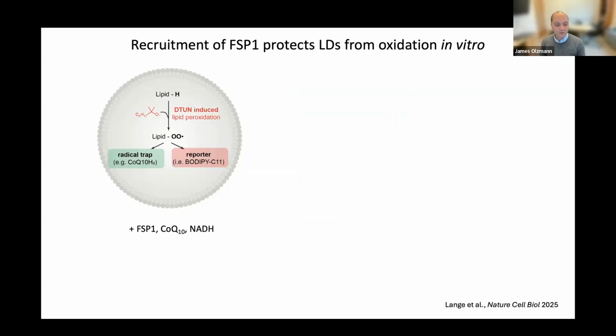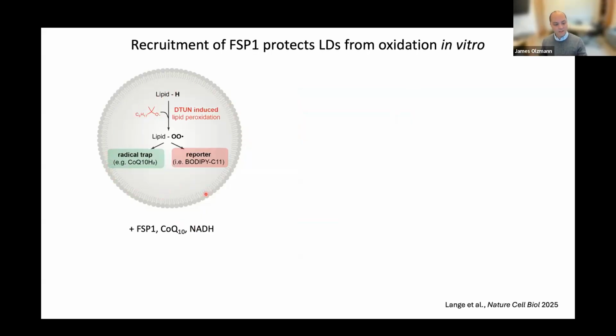Mike then went on to perform biochemically reconstituted assays. These are using artificial lipid droplets that are generated in vitro, similar to liposomes, but in this case we have stored neutral lipid, triolein, surrounded by a phospholipid monolayer.